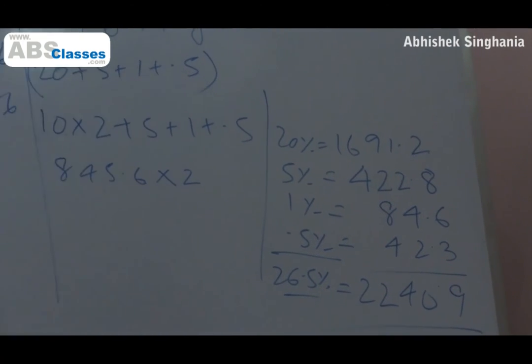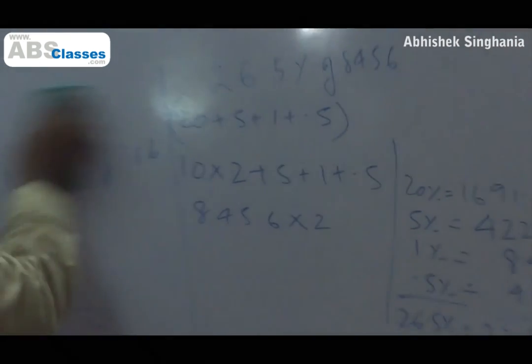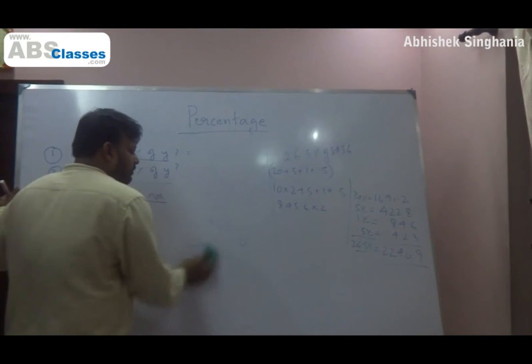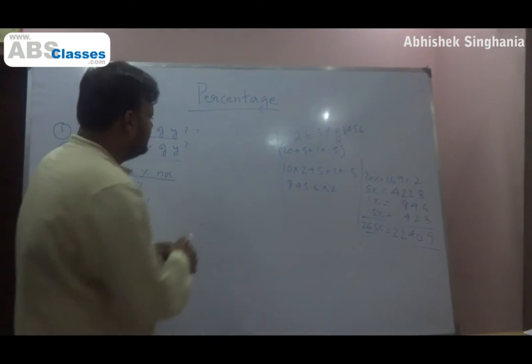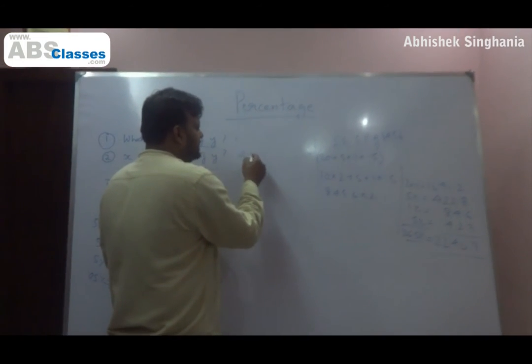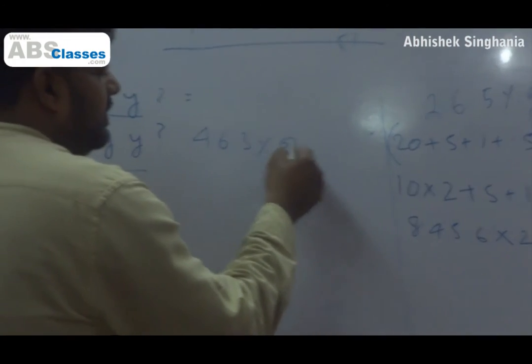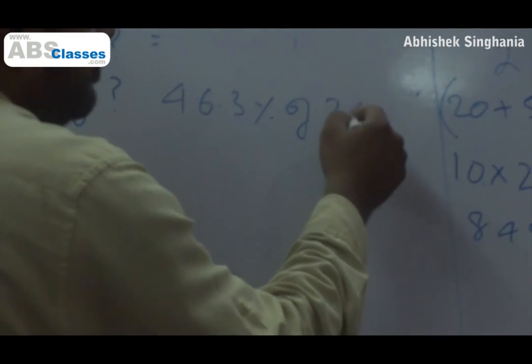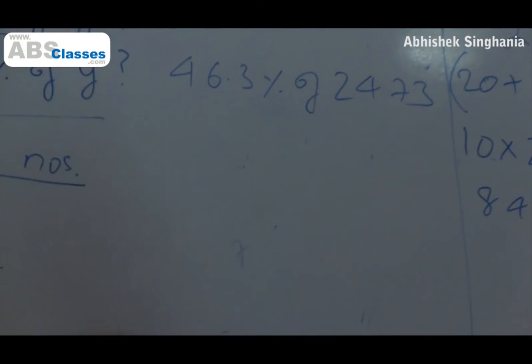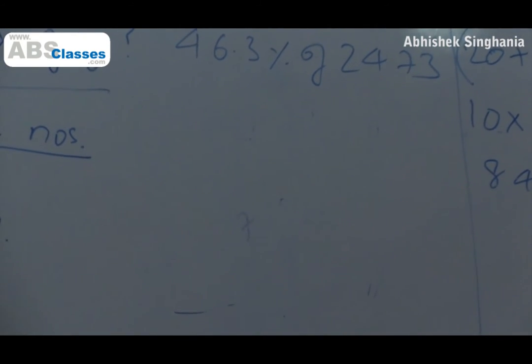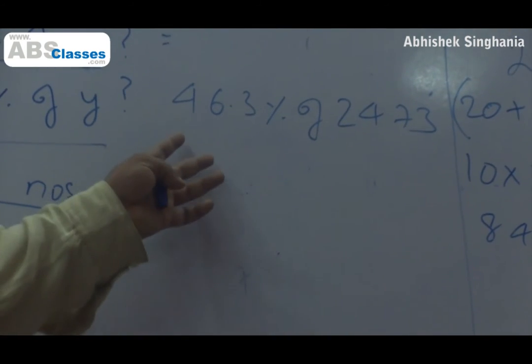Let's take one more example, the final example, before we move on to the other method of how to calculate my percentage fast. Say if I take 46.3% of 2473, absolutely random numbers. Now in this case what I'll do is use 50% because it's very close to 50%, right?